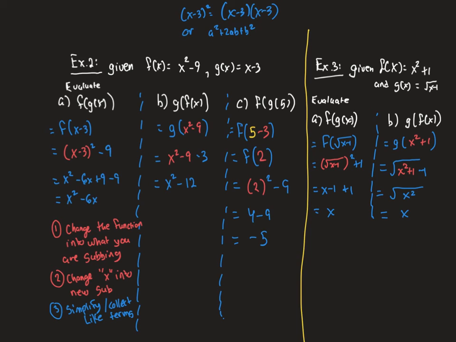So its domain would have a restriction here, and x can't be lower than 1, basically. So x has to be greater than or equal to 1. Same thing here. x has to be greater than or equal to 1 here.